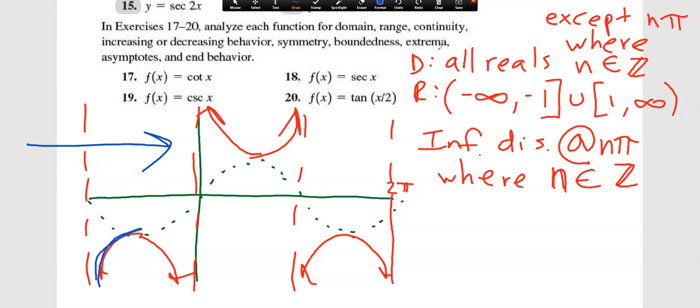This section right here is increasing, followed by decreasing. That's decreasing. That's increasing. I probably wouldn't ask you this question on this particular one because it is so broken up. I could even ask you, name an interval where it is increasing. Let's just do that. Name one interval where it's increasing.